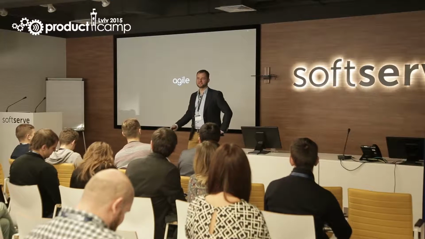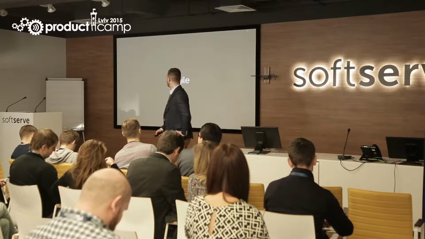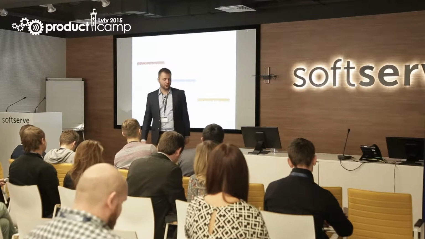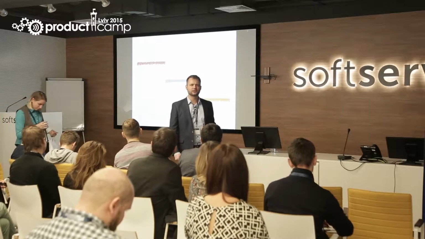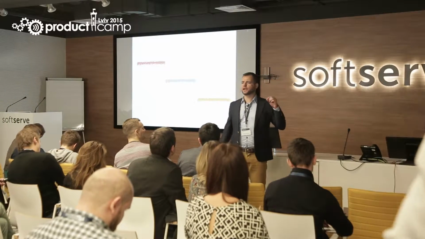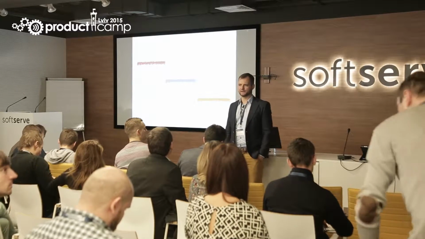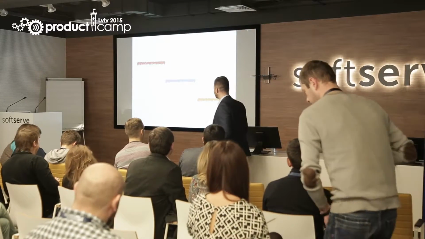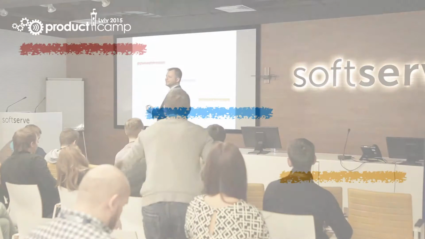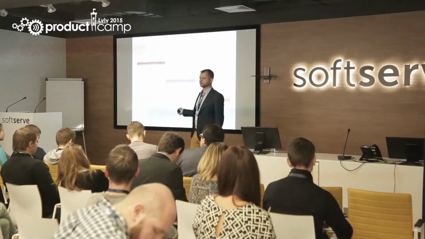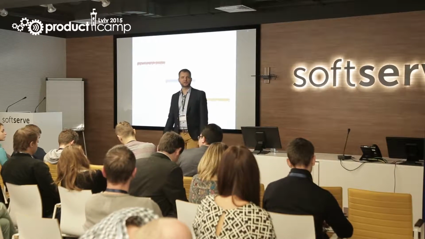A couple more words about Agile software development. Any kind of product development, and I'm going to focus on IT but it's not IT only, could be divided into 3, 5, 10 phases, depending on the industry. The phases here are marked with color. If we are talking about IT, the very basic model says we have a phase of analysis, when we analyze what to do, prepare design, architecture, and so on.